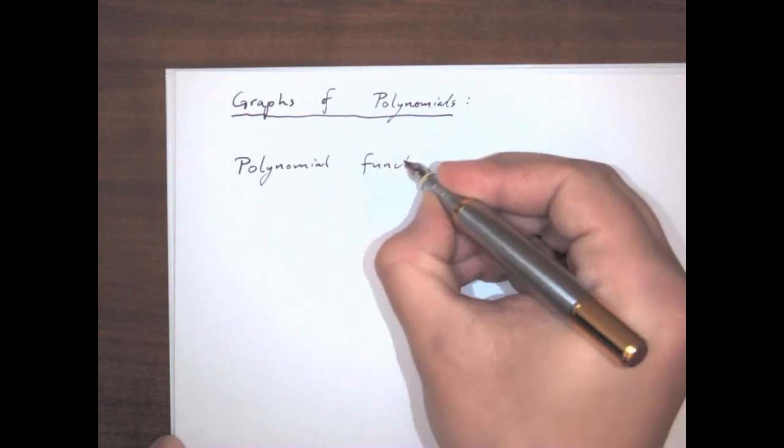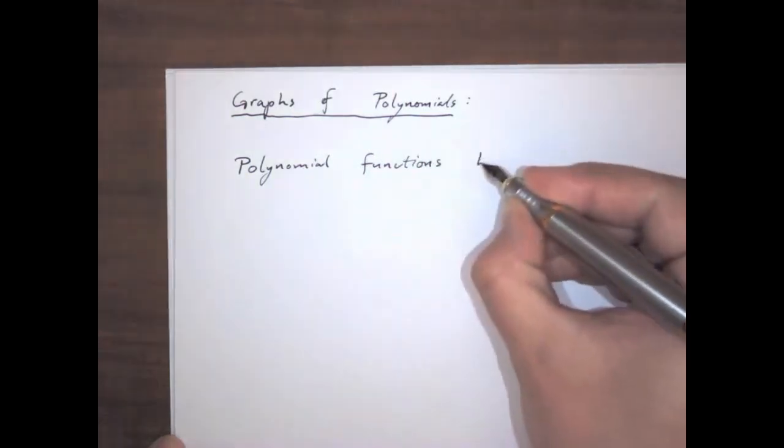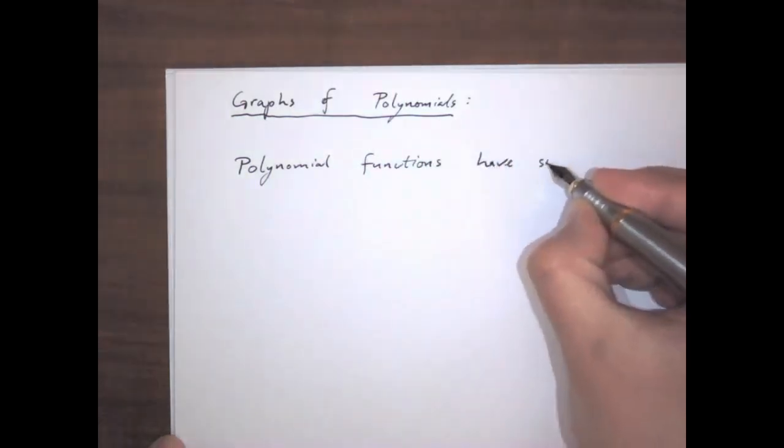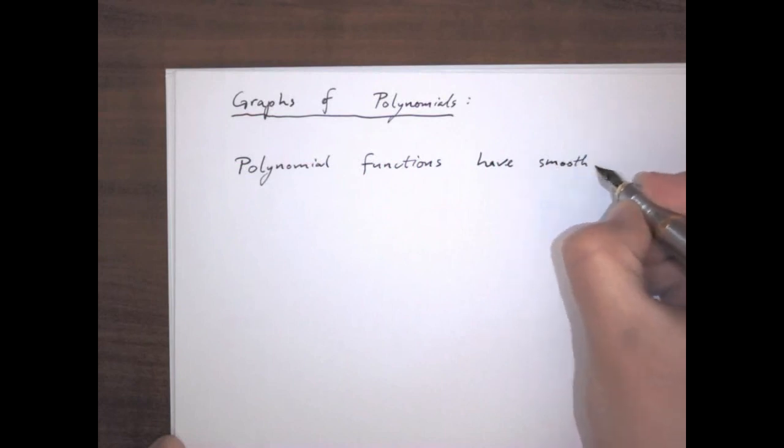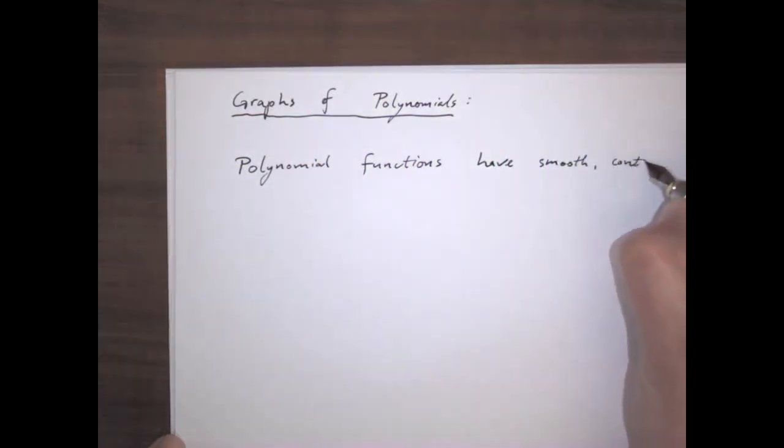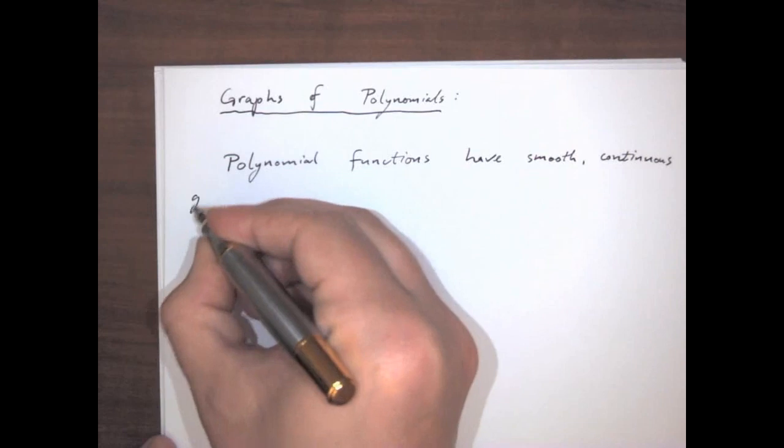So polynomial functions have smooth, continuous graphs.